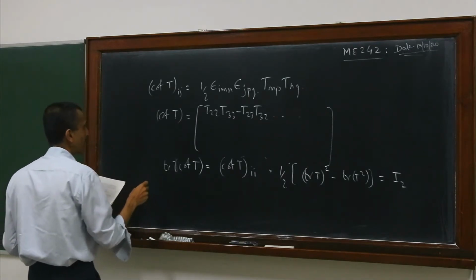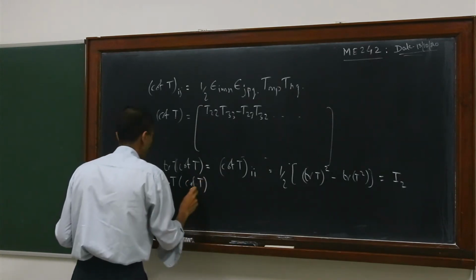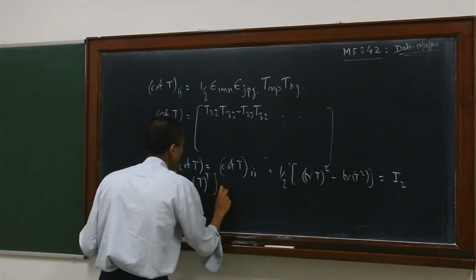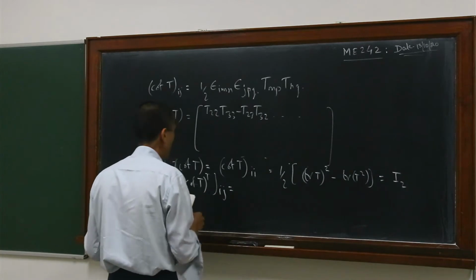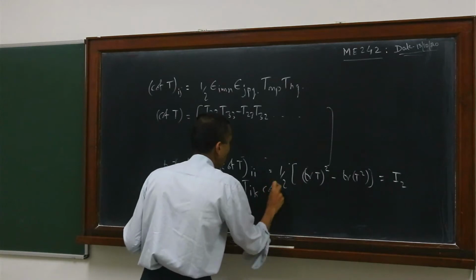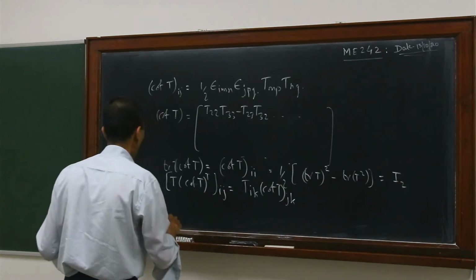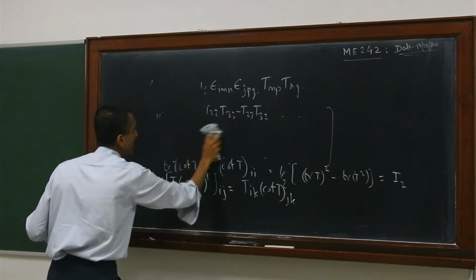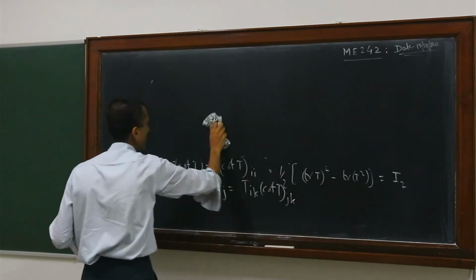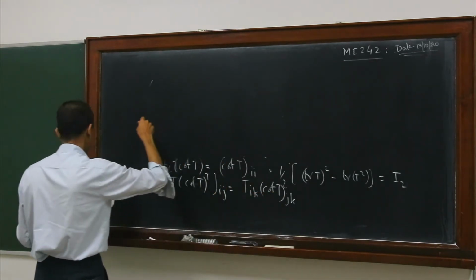Now if I multiply T with cofactor T transpose, let us see what I get. So T times cofactor T transpose, with components ij, is equal to T_ik times cofactor T_jk. Now I will simplify this expression using the expression for the cofactor. If I write the components for cofactor T_jk, then I will get the following.